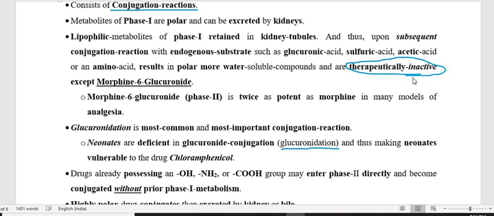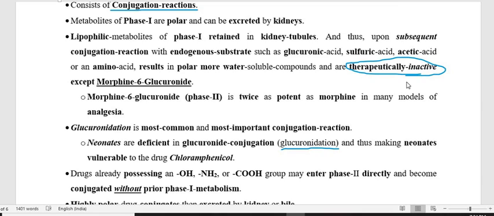The majority of metabolism is inactivation of the drug, but in some cases the drug may get activated, not inactivated. Those drugs may be called prodrugs, and there are examples other than prodrugs, like morphine.